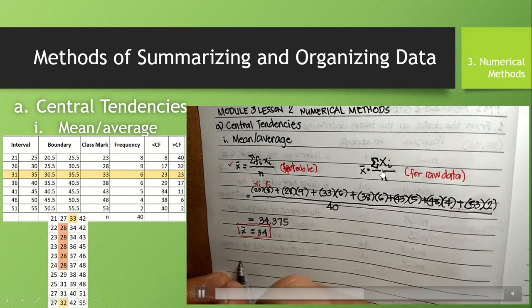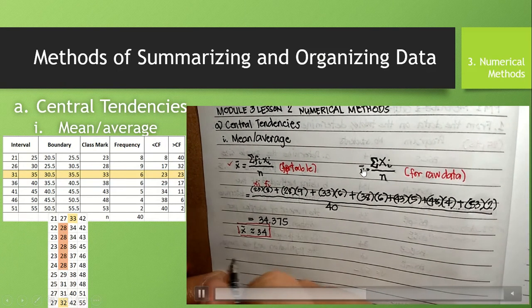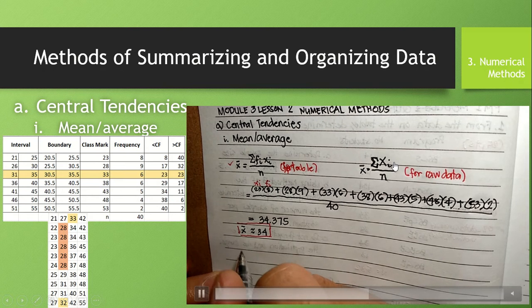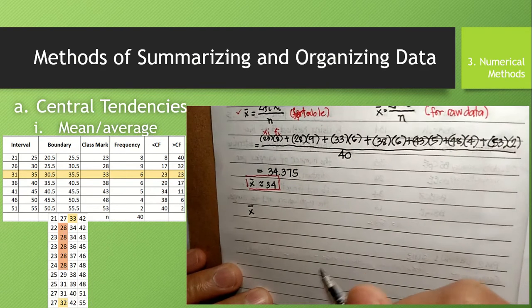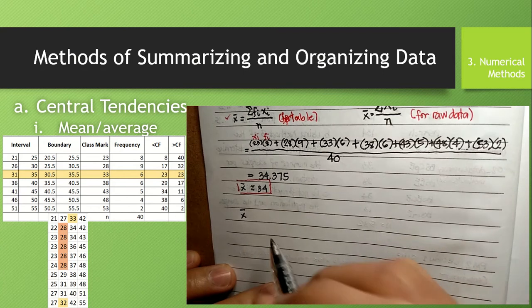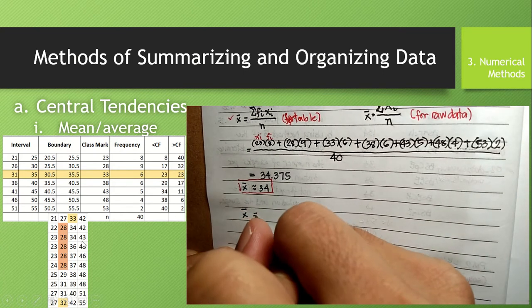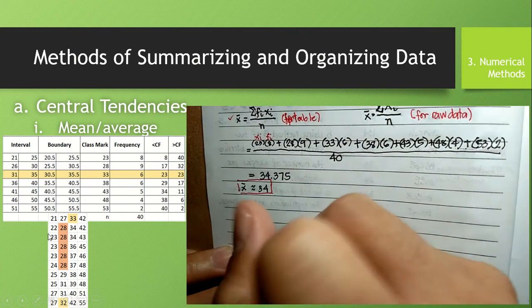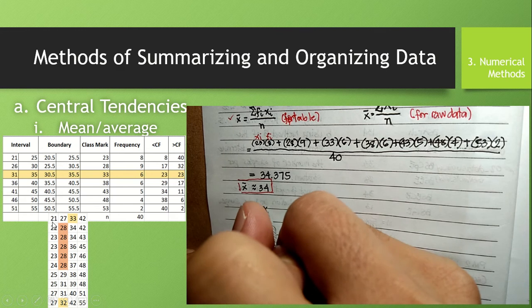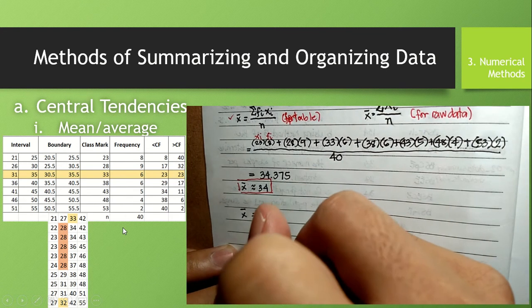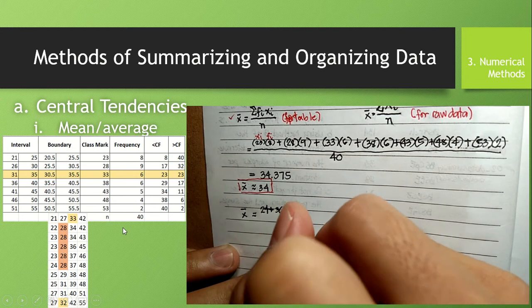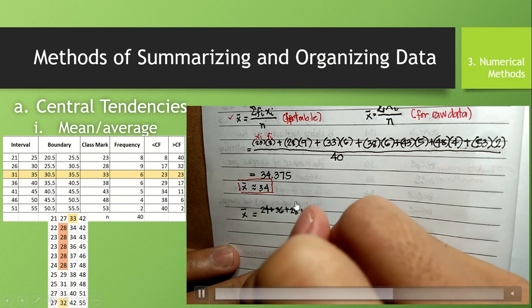Next we will calculate the mean or average for the ungrouped data. In calculating the average or mean of the ungrouped data, all you have to do is add all of these values, starting from 21, 36.